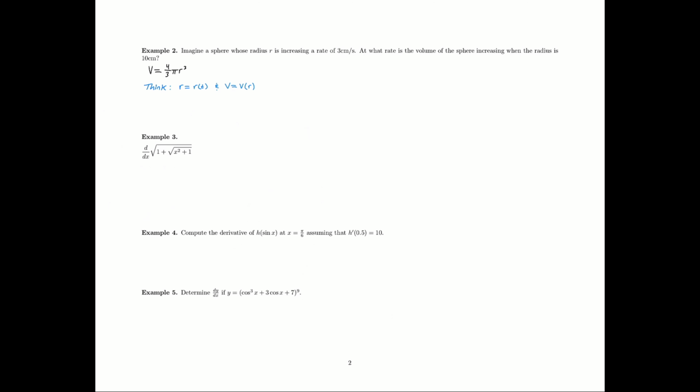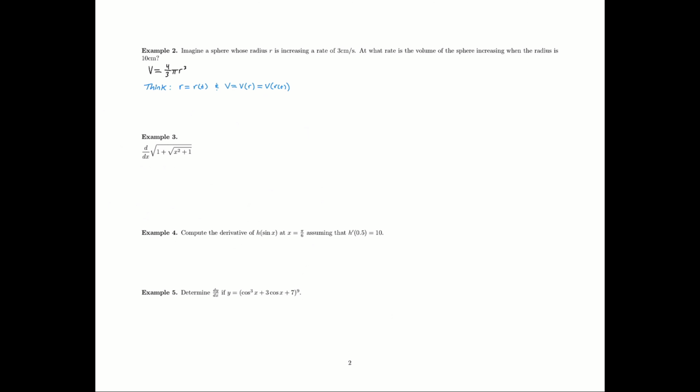But because the radius is a function of time, and volume being a function of the radius, this means that implicitly the volume is a function of time as well. It's sort of like a layer deeper.